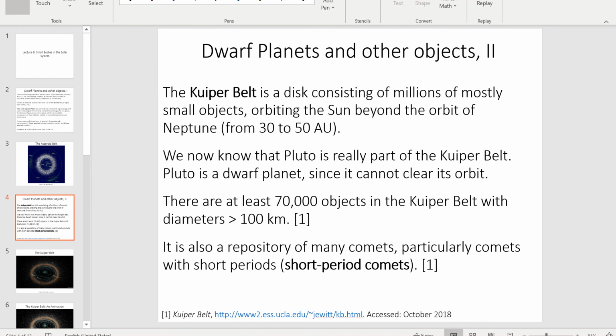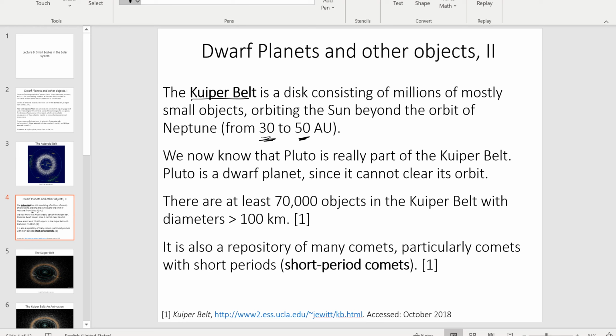Let's talk about the Kuiper Belt. This is a disk containing asteroids, basically small objects, icy rocky bodies, and it's defined as the region between 30 AU from the sun and 50 AU from the sun. And this is the Kuiper Belt. Pluto is actually part of the Kuiper Belt.